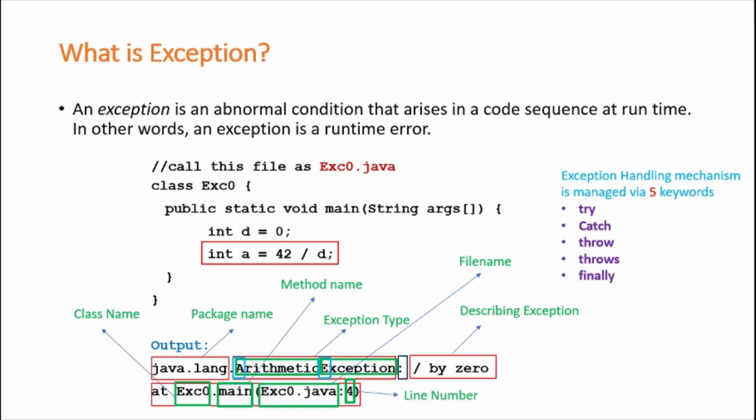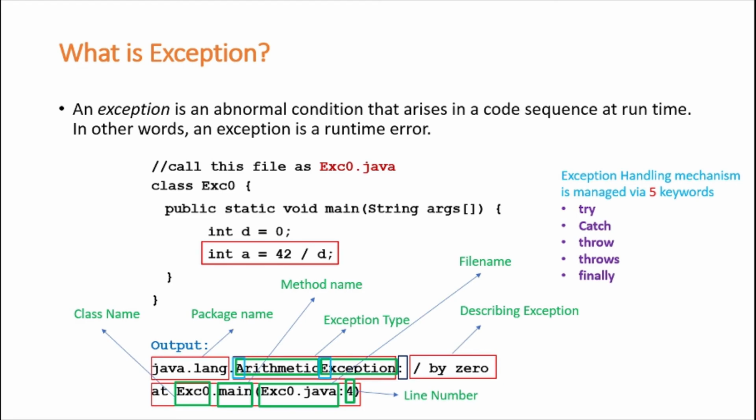Now, let me ask a question. Why do exceptions need to be handled? Can you think? As we know, an exception is a runtime error. Whenever there is a runtime error, the program halts its execution, that is, the program terminates abruptly.